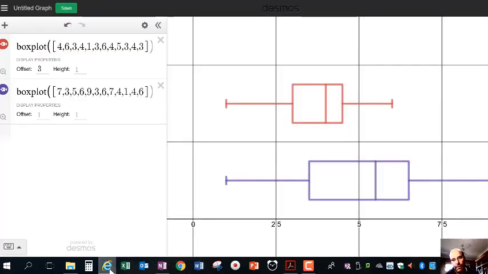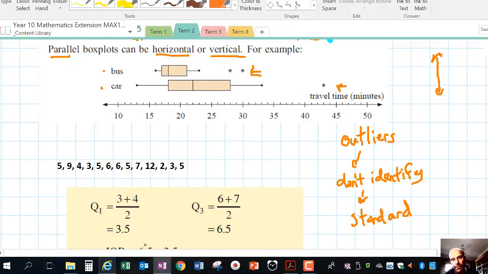If there were any outliers, we made no attempt to identify them. So you don't see any little crosses or asterisks plotted on there. But this one here does have the outliers identified. It had outliers and we identified them. So when we do identify the outliers, it's called a modified box plot.